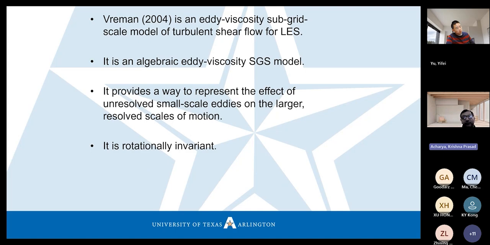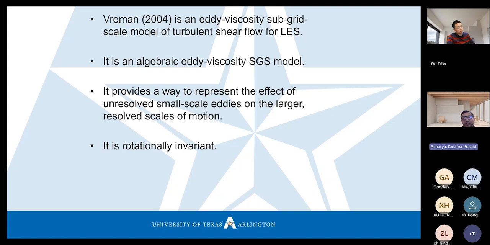Similarly, the Vreman model, introduced in the year 2004, is an eddy viscosity subgrid scale model of turbulent shear flow for large eddy simulation. It is an algebraic eddy viscosity SGS model. It provides a way to represent the effect of unresolved small-scale eddies on the larger resolved scales of motion.